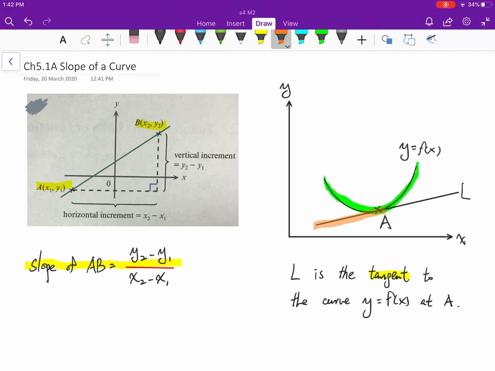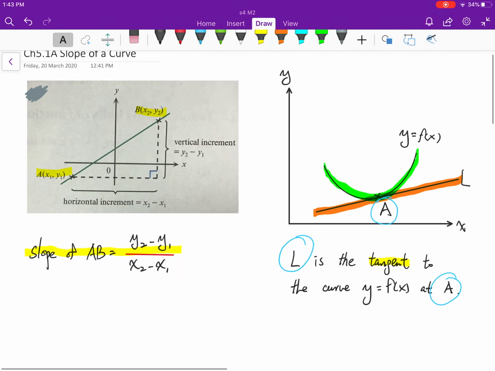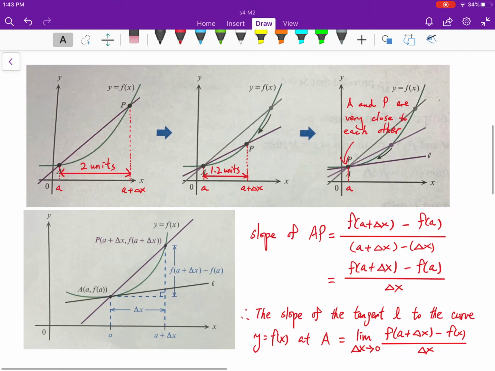You may see here we have a curve y equals f(x), and L is a line which touches the curve at one point, A. In this case, we say L is the tangent to the curve at the point A. So the word tangent can represent a trigonometric ratio, but it can also represent a line which touches the curve at only one point.